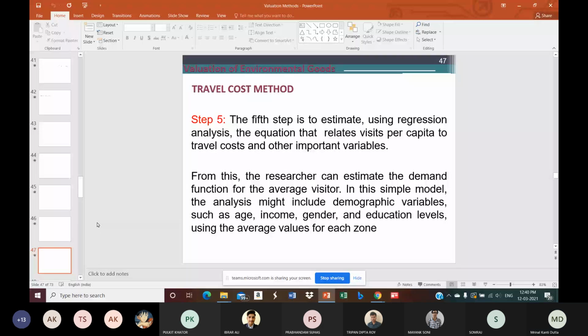It might help to understand whether the demand for the site is more from the young population or relatively elderly population, or whether high income people prefer to visit those places, or whether it is low income people who are more interested in visiting those places, whether males are more interested or females, whether more highly educated people take up this type of travel or vice versa. Those things can be estimated with the help of these regression models.